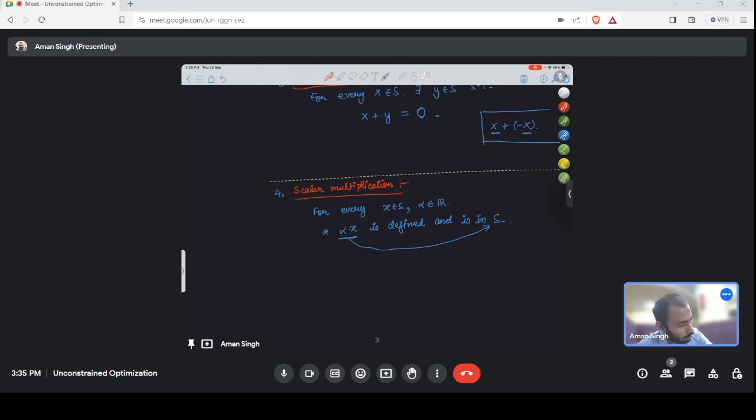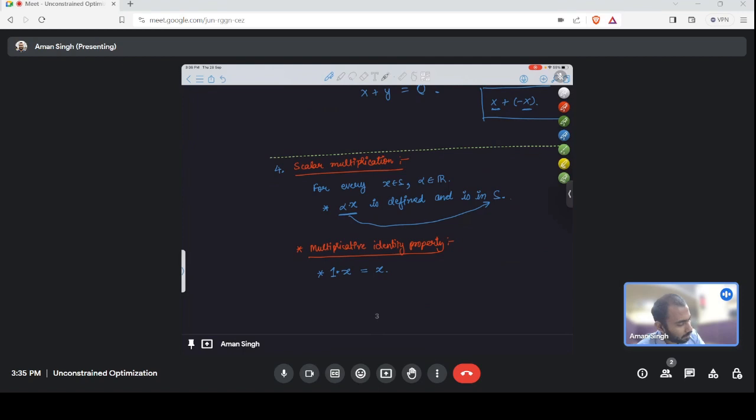Also, there should be the multiplicative identity property, which says that if I do the scalar multiplication of x with 1 belonging to the real numbers, then I should get the vector back. This is necessary. You have to define the multiplication in such a way that this is satisfied.